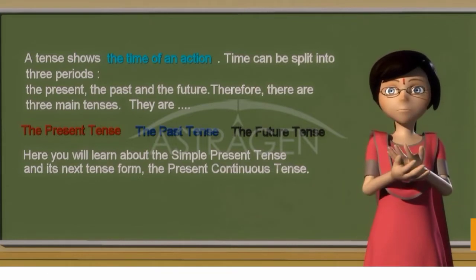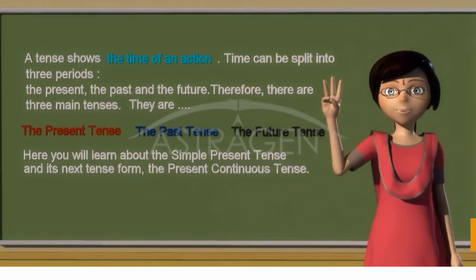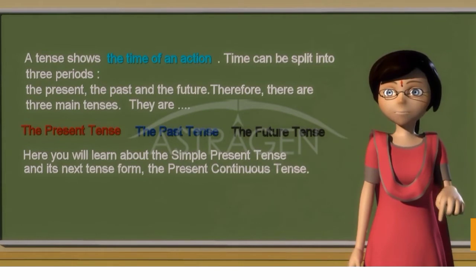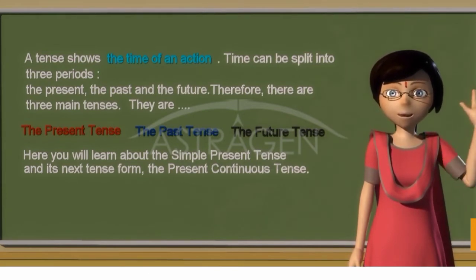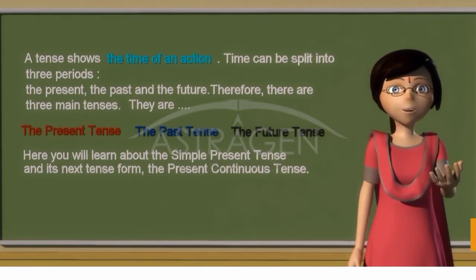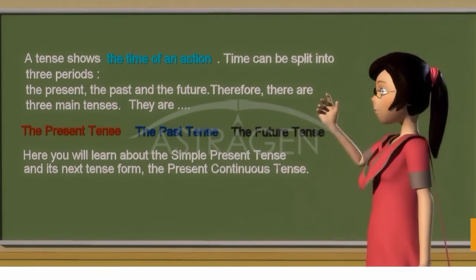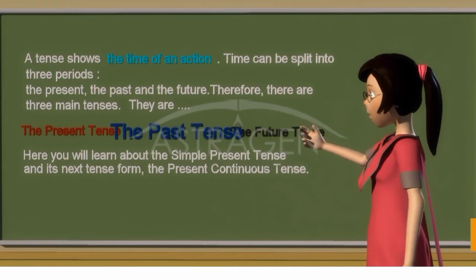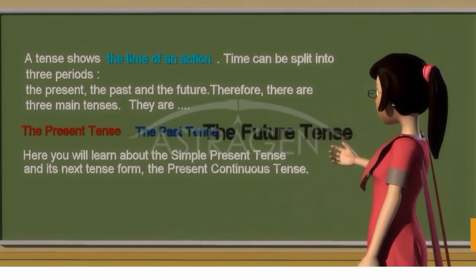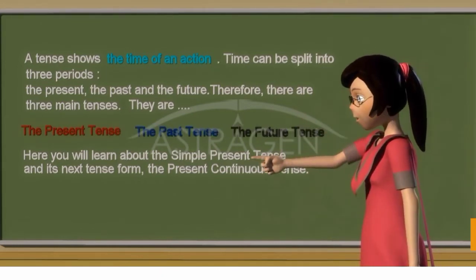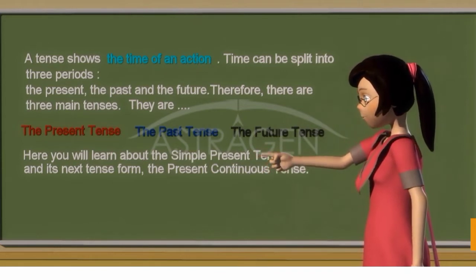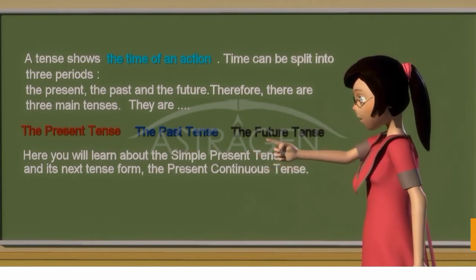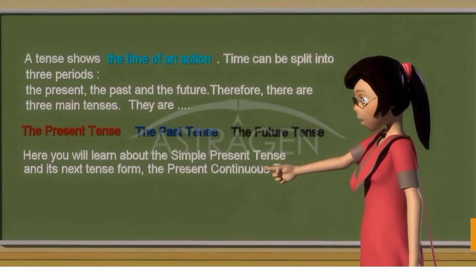Time can be split into 3 periods: the present, the past, and the future. Therefore, there are 3 main tenses. They are the present tense, the past tense, the future tense. Here you will learn about the simple present tense and its next tense form, the present continuous tense.